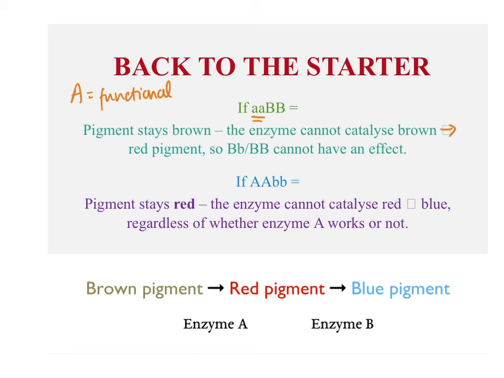Conversely, for the second example, with 2 big A's and 2 little b's, the pigment is going to stay red. And this is because we've got a functional transition, that enzyme A is functioning properly, so brown can turn into a red pigment, but that red pigment cannot turn into the blue pigment because enzyme B is non-functional. And again, remember, it was that dominant B allele that made it work.